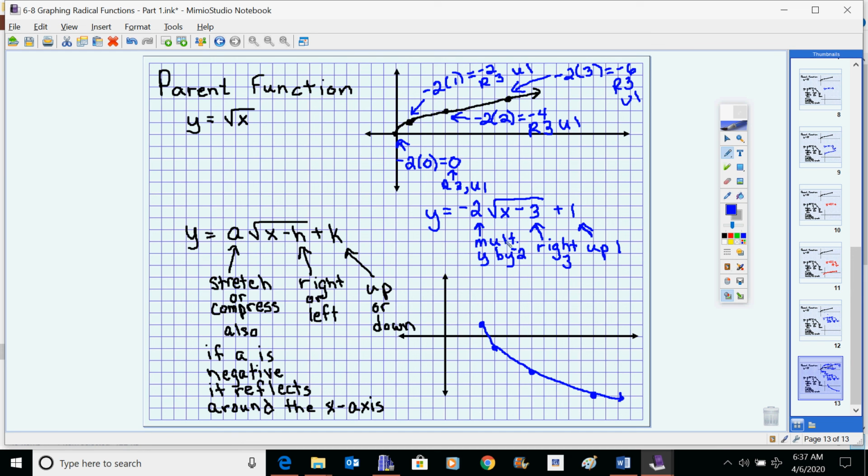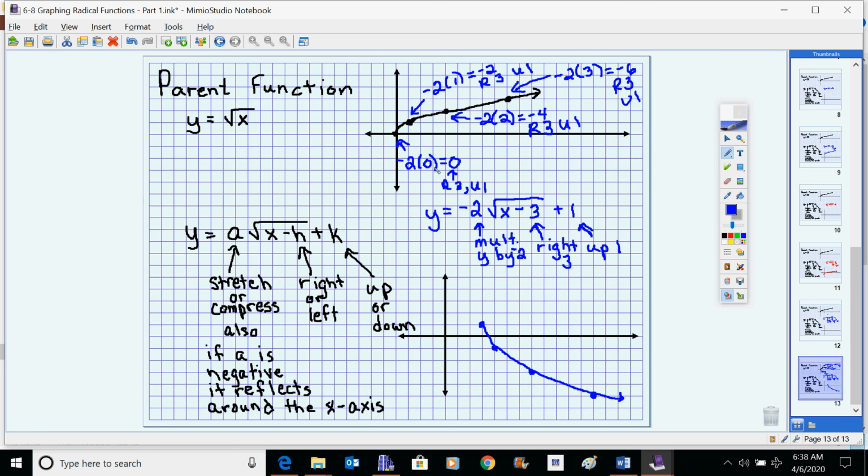Okay, so once again, two ways. You can do this by shifting and stretching and flipping and then moving, or you can simply plug in values, x values, plug them in and get the y values that go with them. It's really, especially when you include a stretch or a compression, it gets a little bit trickier to be able to follow. So here's our method where you're using the idea of stretch and compress and then moving.